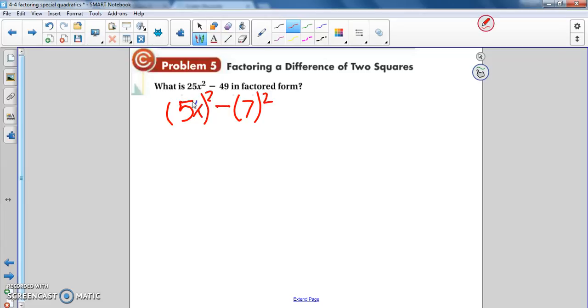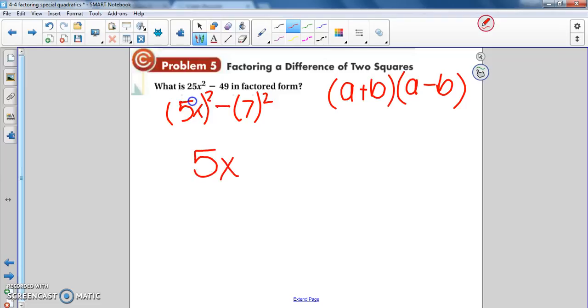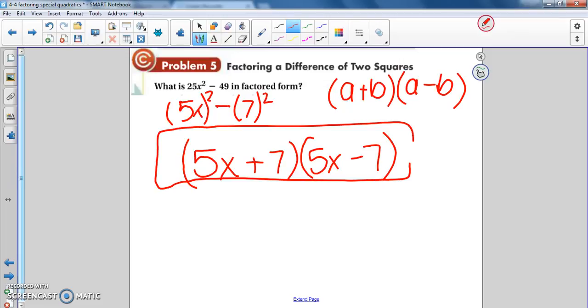And before we said difference of squares is a plus b times a minus b. So here a would be 5x. So we're going to do 5x plus 7 times 5x minus 7. And we have now factored difference of squares.